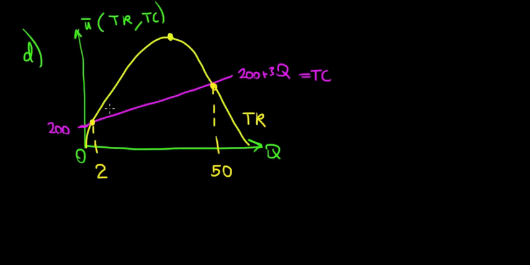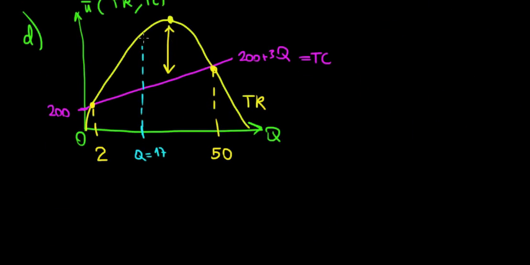Now, what happens in this area? Let's take this point over here, say the quantity is 17, for instance. At the quantity of 17, the total revenue has a higher value than the total costs.